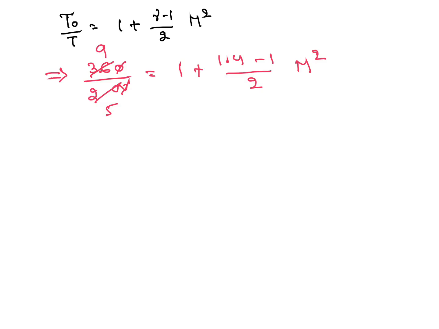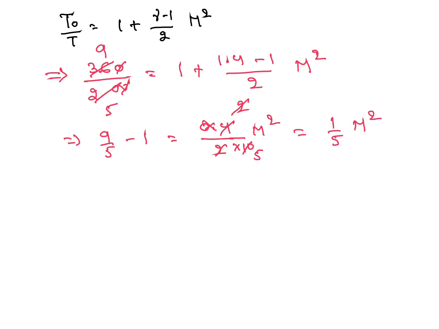So 9 by 5 minus 1 equals 0.4 by 2 M square. 0.4 we can write as 4 by 10, so 2 by 5 equals 1 by 5 M square.